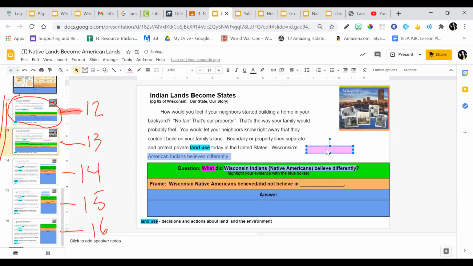Where is this going to go? I would say right here, right? Maybe like that. This is the what, and this is the who in the sentence. Or this idea here, protecting private land use.